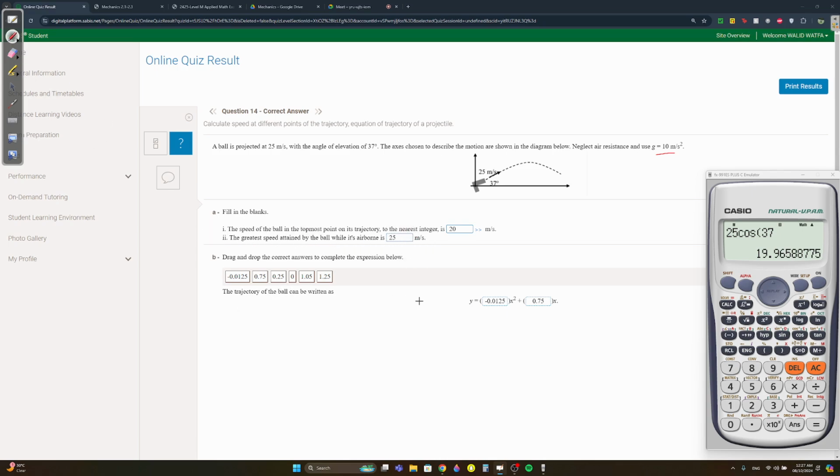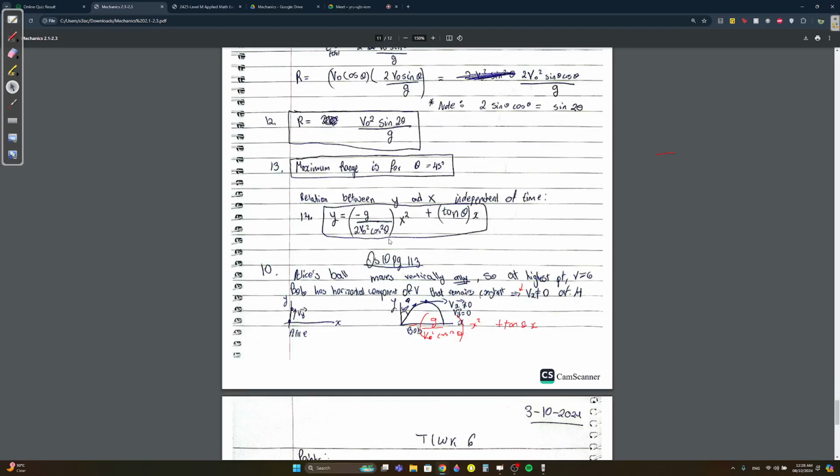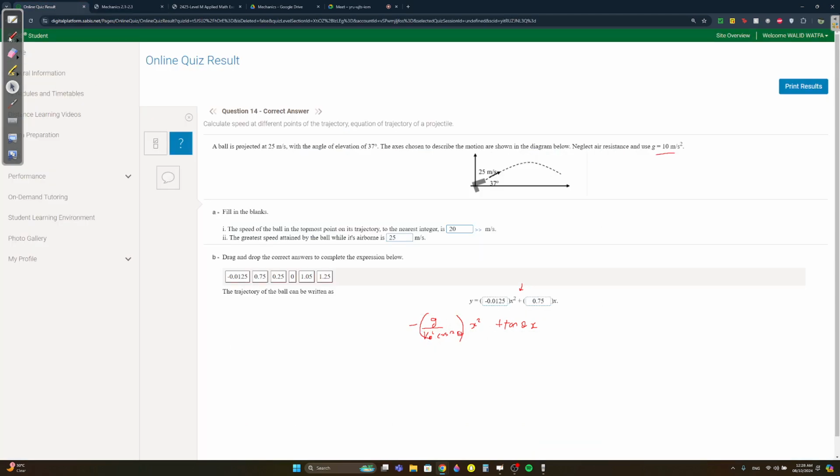The trajectory of the ball with no time. The equation, I think, is minus g over 2 v naught squared cosine squared theta, x squared, plus tan theta x. If I'm not wrong, let me just make sure. Yeah, it's 2 here: 2 v naught squared cosine squared theta. So let's substitute.